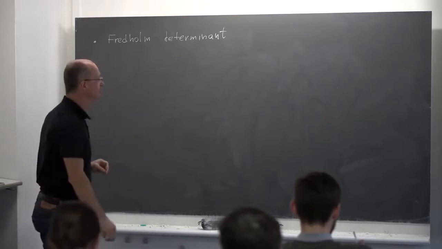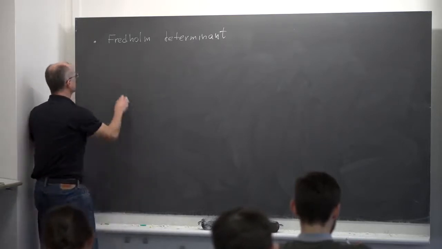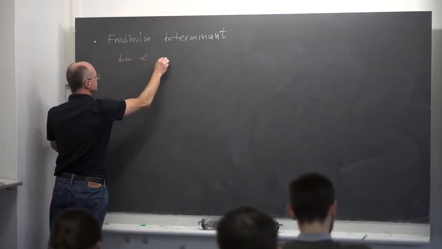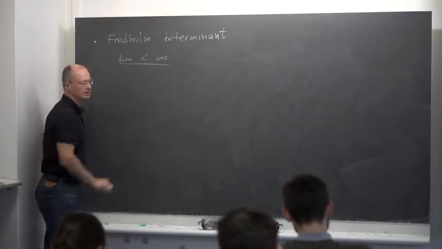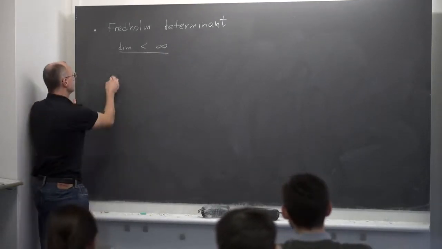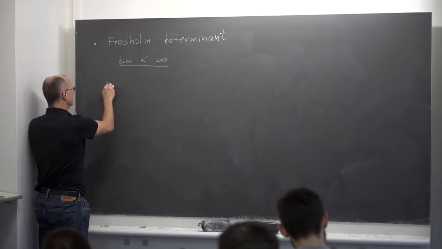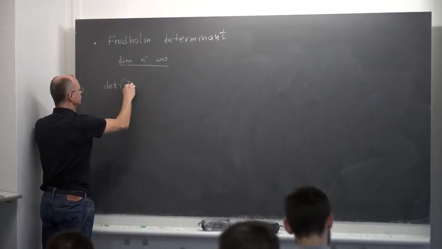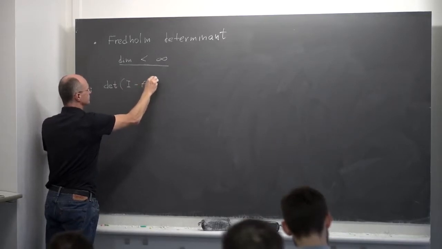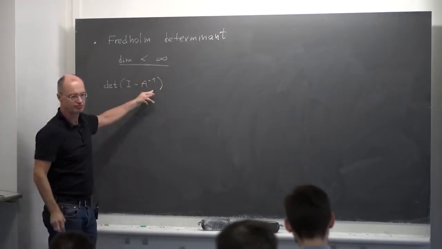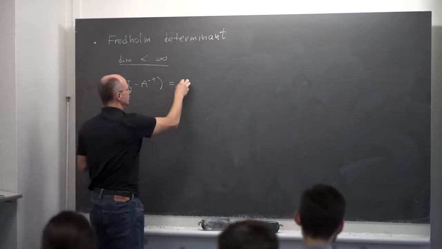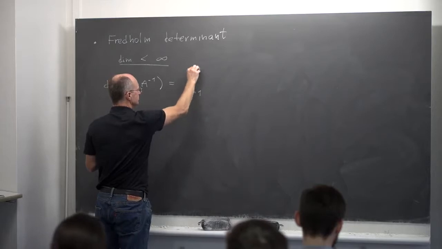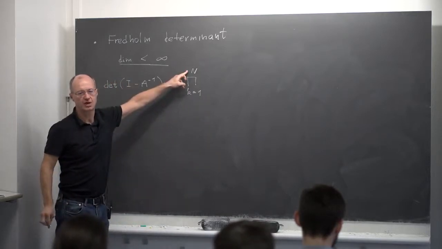So let me first look at the following finite dimensional situation and then the infinite dimensional one. So let me write the following obvious finite dimensional formulas. So the determinant of 1 minus A inverse, right? Well, this is simply a product, let's say our dimension is some capital N.